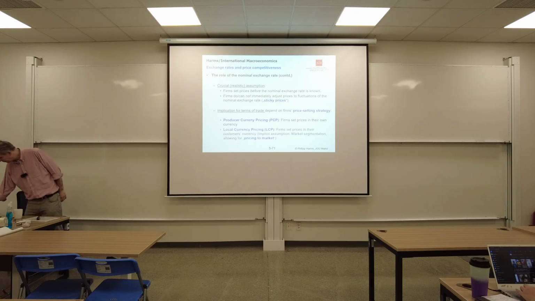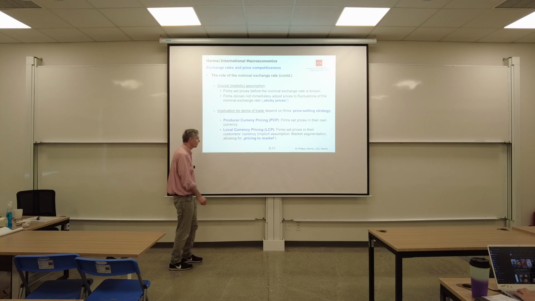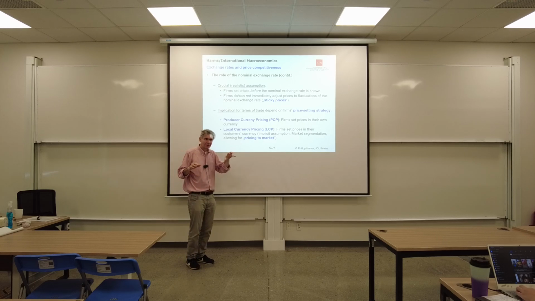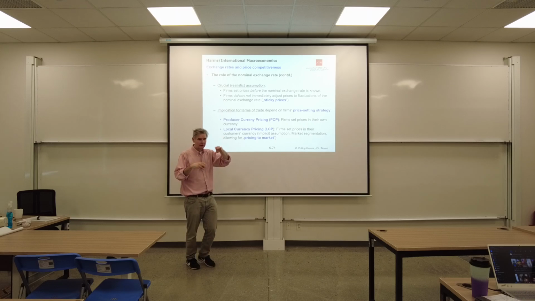The other price setting strategy is so-called local currency pricing. With local currency pricing, firms set prices in their customers' currency. So they sell a car to the Brits and they set a price in British pounds. Now, of course, this allows for price deviations from the law of one price, because you have a price for the German market and you have one for the French market and a price for the UK market, and the nominal exchange rate might actually drive a wedge between these prices.